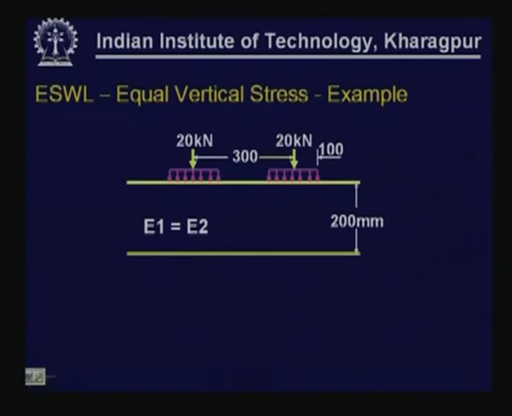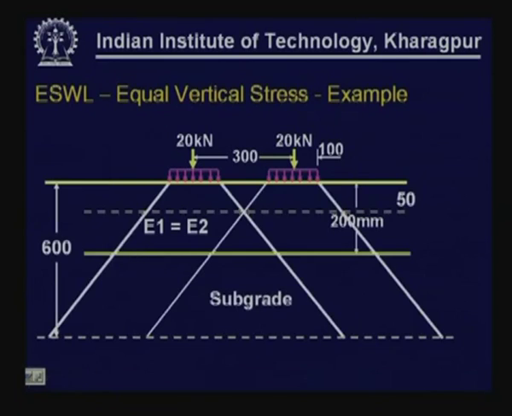So this will give us PD equal to 20 kilonewton, SD equal to 300 millimeters, and then d will be equal to 300 minus 100 minus 100, that will be 100 millimeters. And the depth that we are specifying is 200 millimeter, so Z is equal to 200.